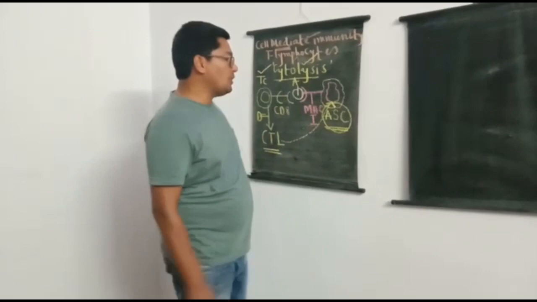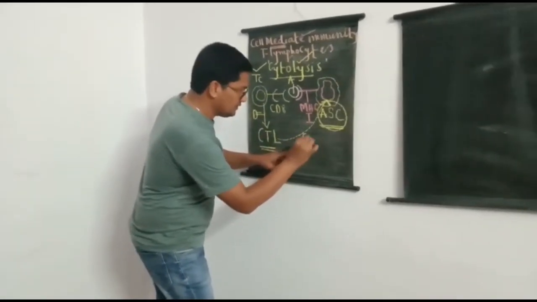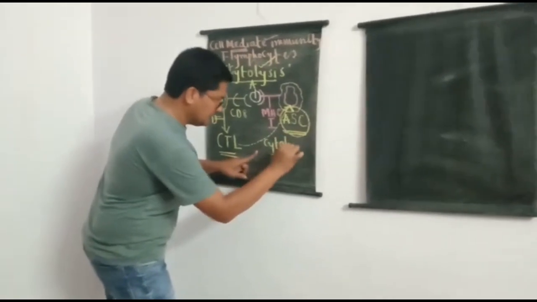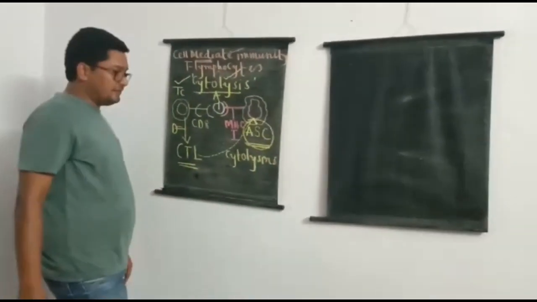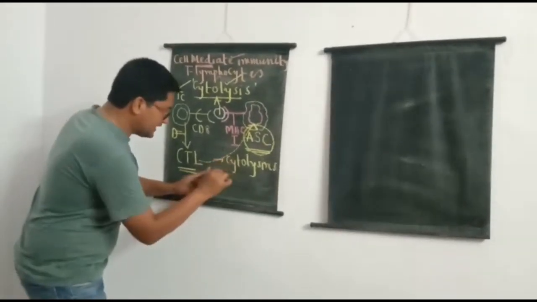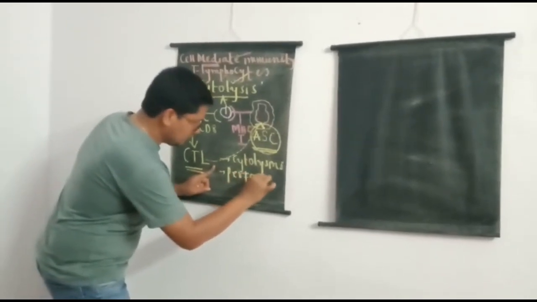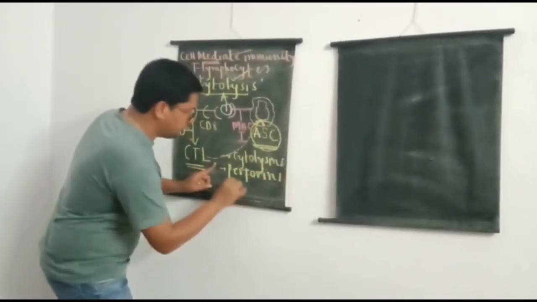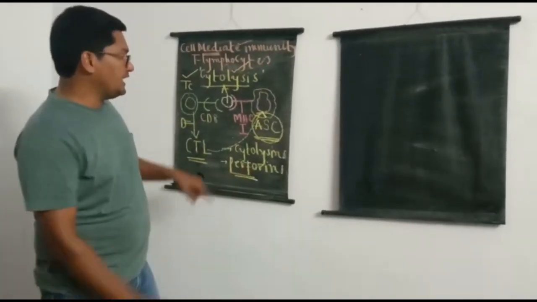And who will perform this function? Some enzymes. Whenever CTL approaches the viral infected cell, it produces different enzymes like cytolysins, perforins, etc.